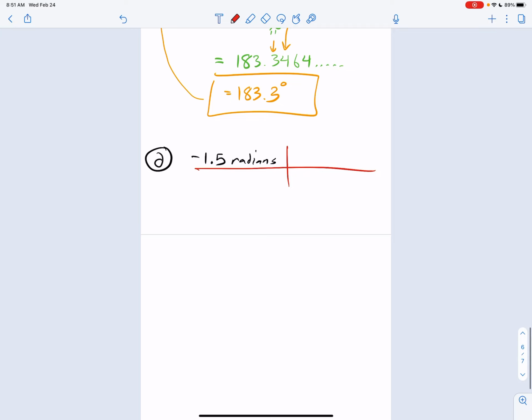So we start with radians, so we want radians down below. And we want to end up with degrees, so we put that on top. I know that 180 degrees is equivalent to 1 pi radian. That allows radians to reduce out. And we're left with negative 1.5 times 180 degrees all over pi.